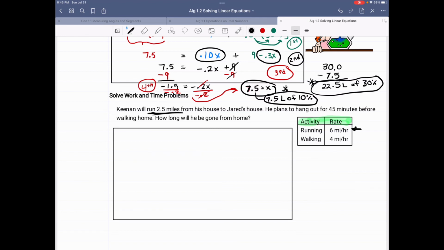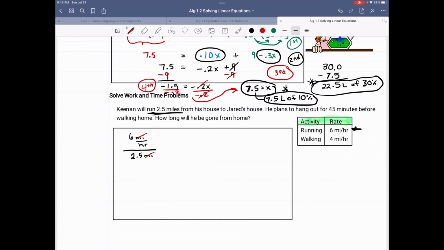If he is running 6 miles per hour, and he's running 2.5 miles, then we have to divide by 2.5 miles. And I'm not sure if you've learned dimensional analysis, but this cancels out the miles, leaving us with just hours.